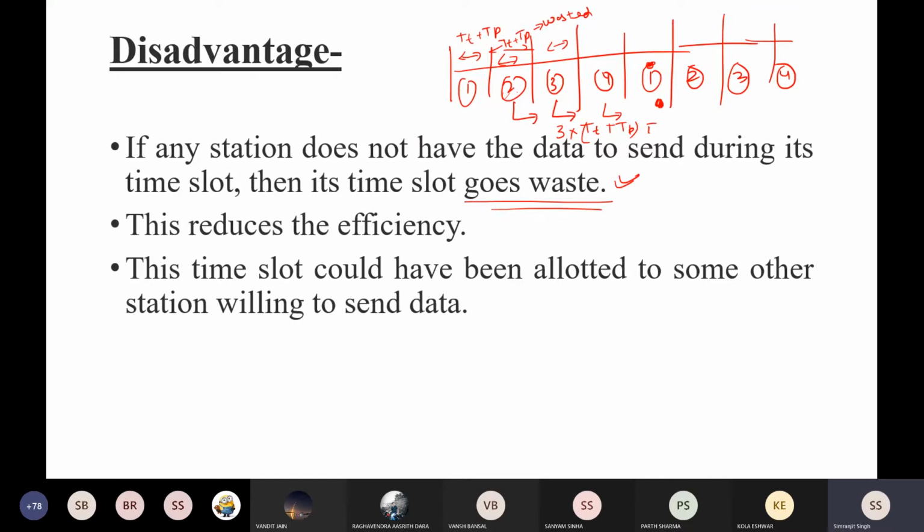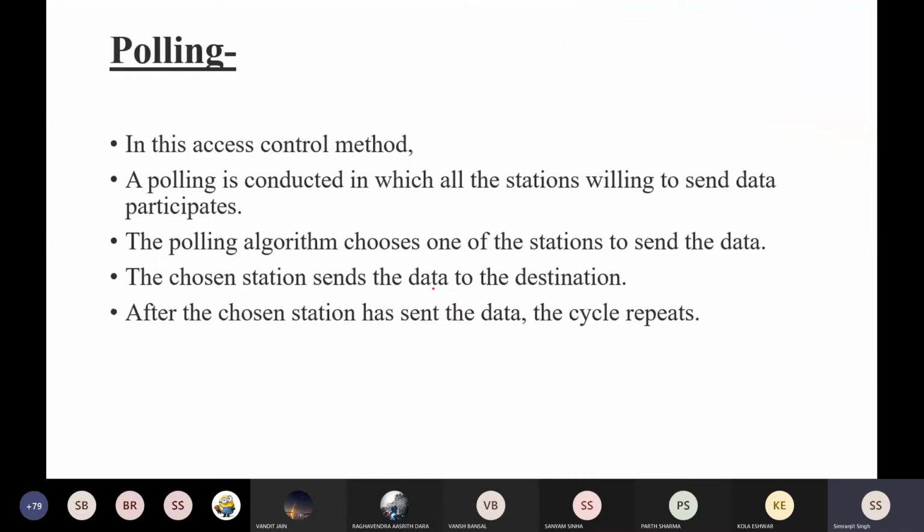For this, we have a new solution, that is polling. Polling is another access control method that is added to TDM.